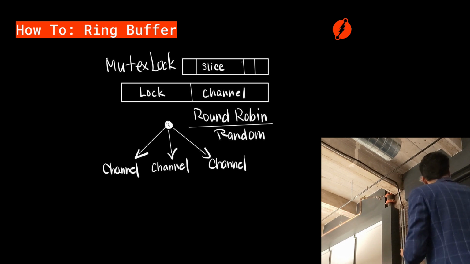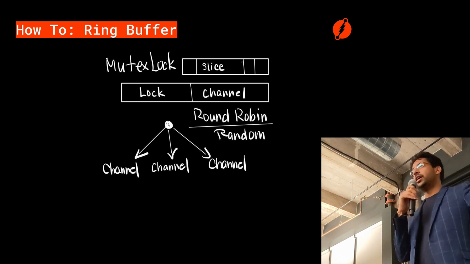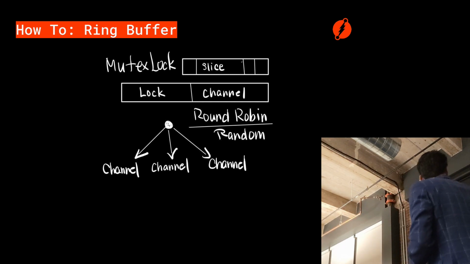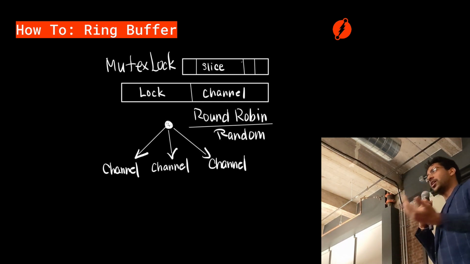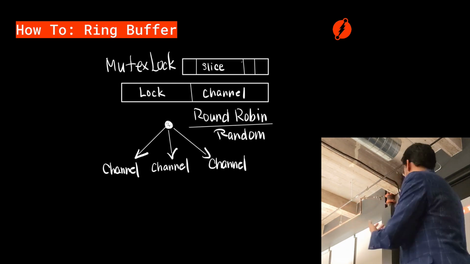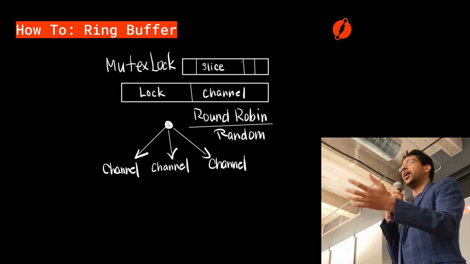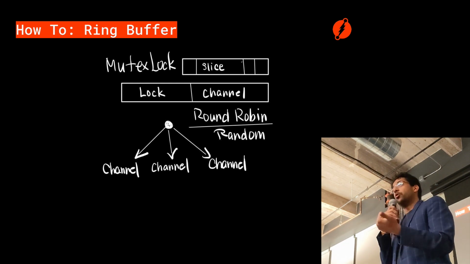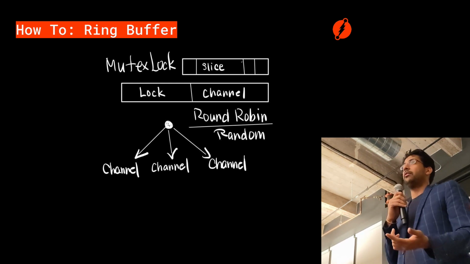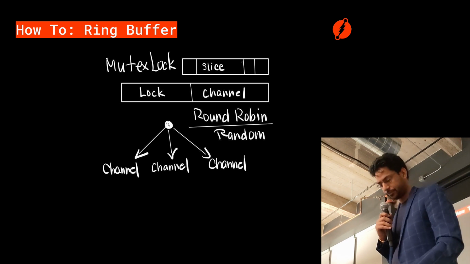Other is to use a channel, and a channel internally has a lock. You don't see it, but there is a lock inside. The third is to maybe use multiple channels or multiple slices and then do round robin across them, or you could do some sort of a random number. Both the round robin and the random would add their own overheads, which would be slower.